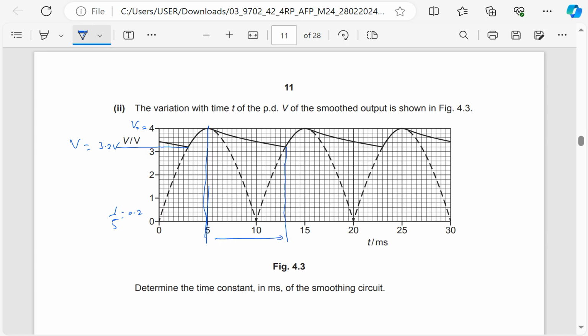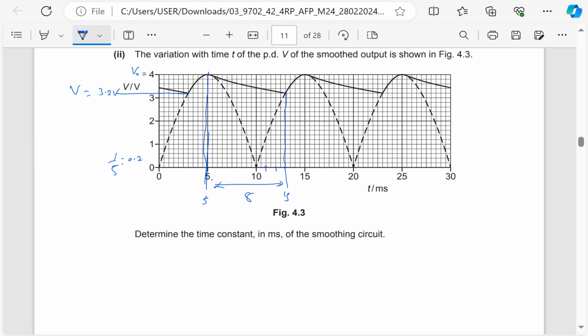So from 5 to 13. Here the scale on the x-axis is 0.5. So 11, 12, 13. This is 5, so the difference is 8.